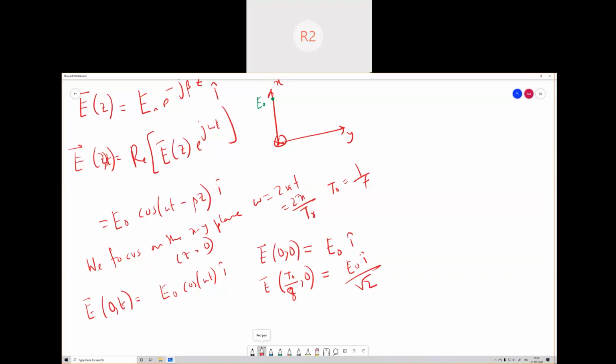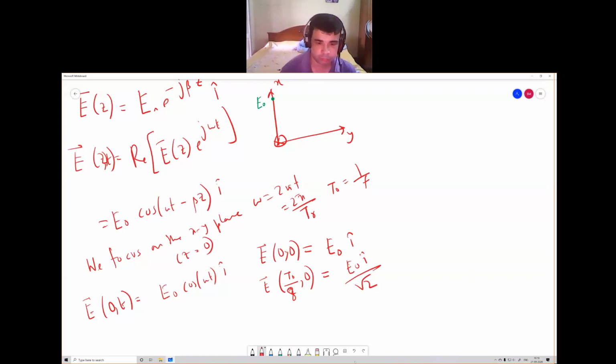This will be 0, t, getting z equal to 0. E of z, 0, t was E naught cos of omega t. This was given. E of 0, t is E naught cos omega t. Is this okay? Yes, sir.